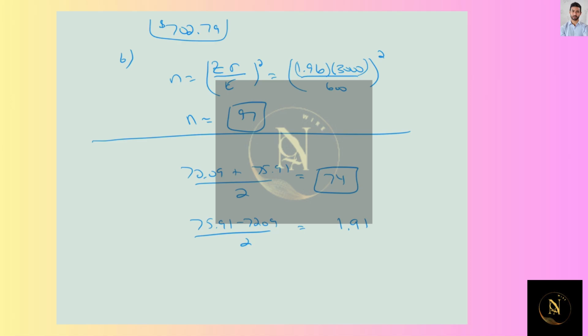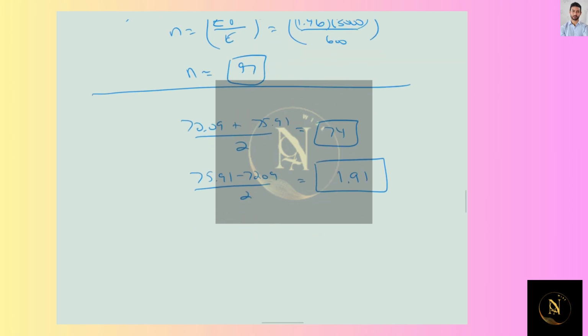But it doesn't say what differential, well, it's 1.91. All right, and technically it's positive and negative for margin of error. You're adding and subtracting 1.91. And now your third question.